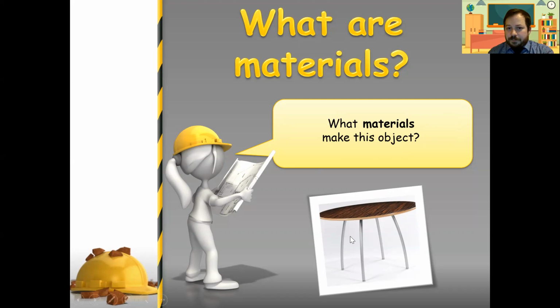You can see at the bottom down here that these legs are shiny, and quite often we associate that with metals, and more than likely this is a metal. Now, we probably can't tell what type of metal that is at the moment by looking at it. We don't know how light it is, we don't know how strong it is. Those other bits are the bits that define it within metal. It could be steel, but it could quite easily be other types of metal that they've used for different reasons.